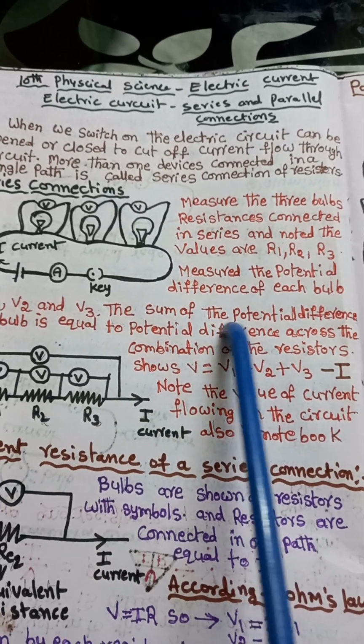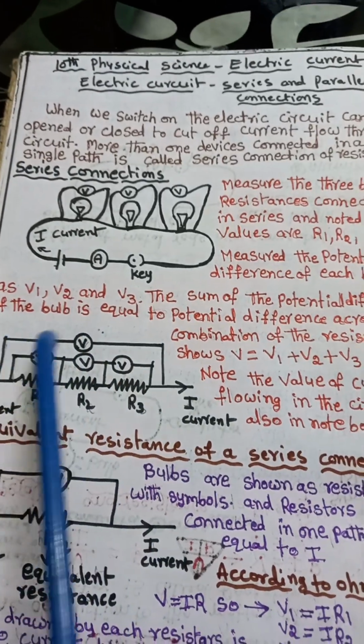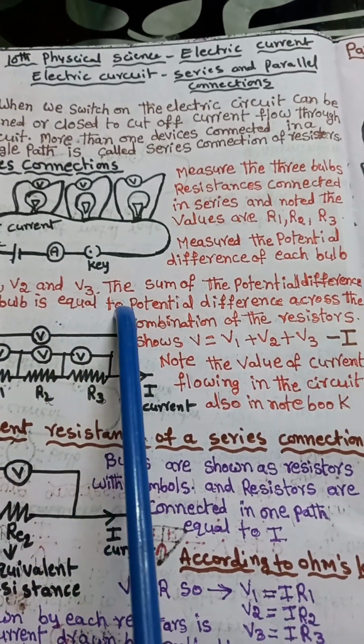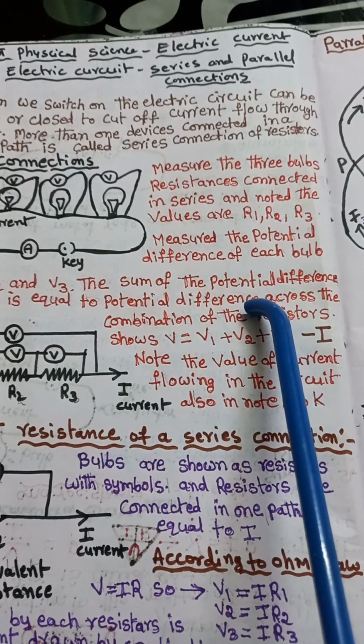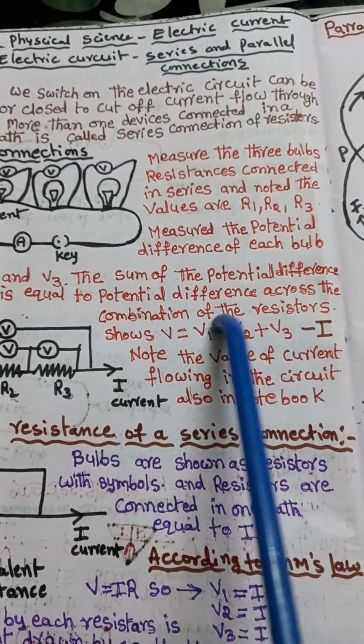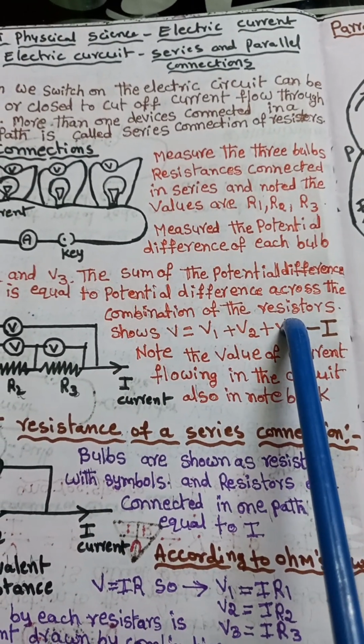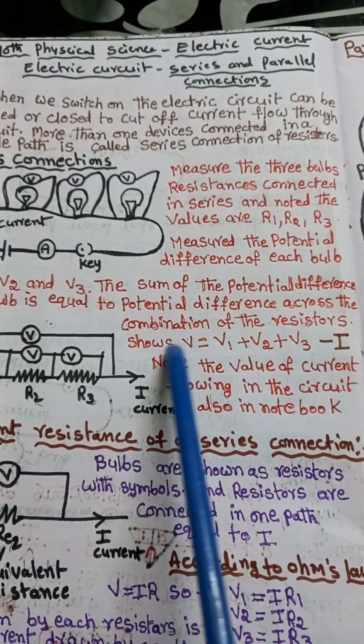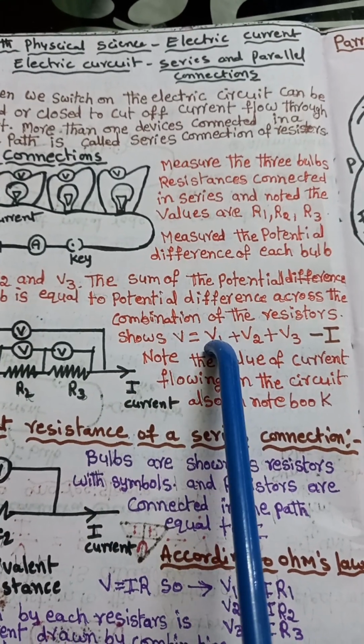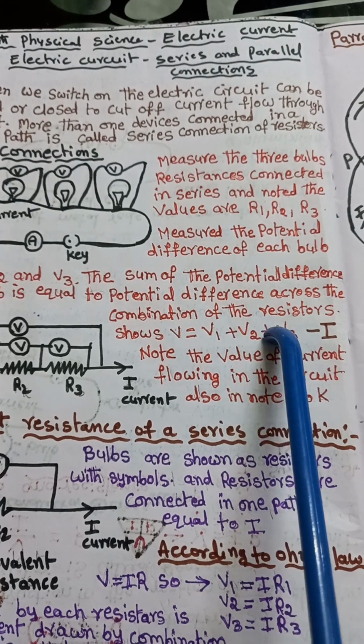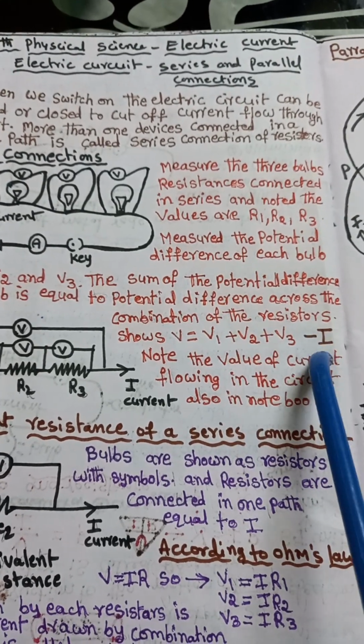The sum of the potential differences of the bulbs is equal to the potential difference across the combination of the resistors. So V is equal to V1 plus V2 plus V3. This is equation 1.